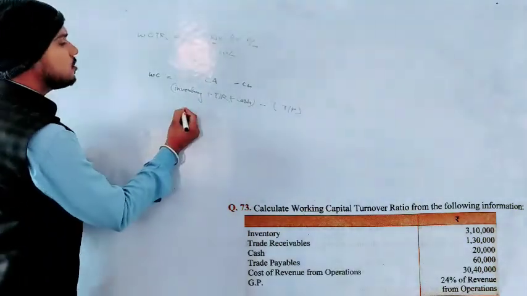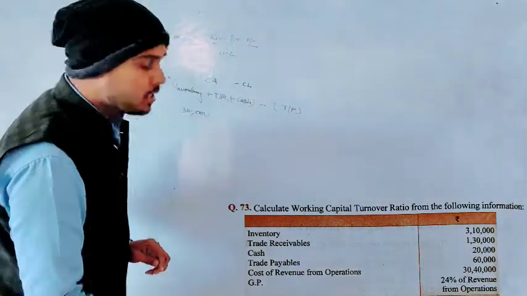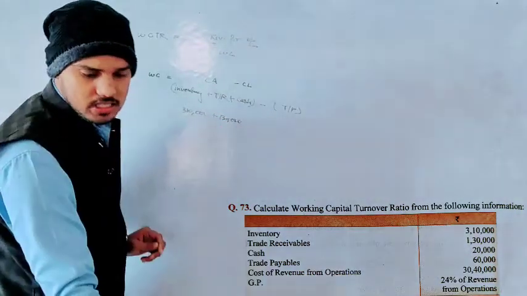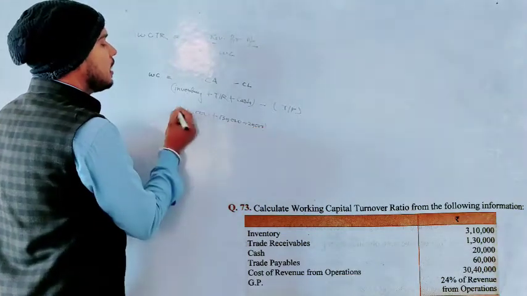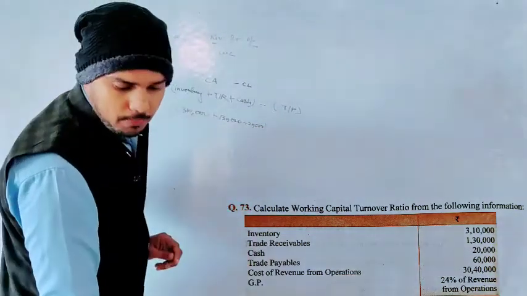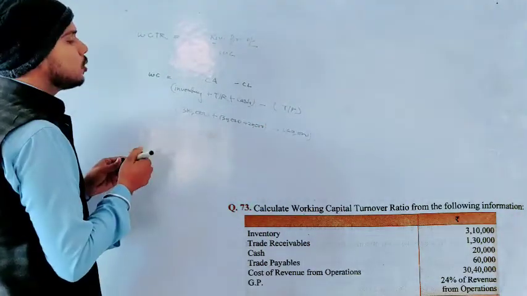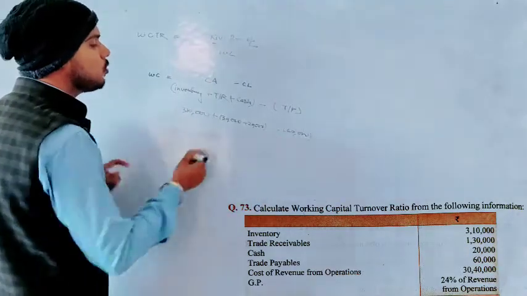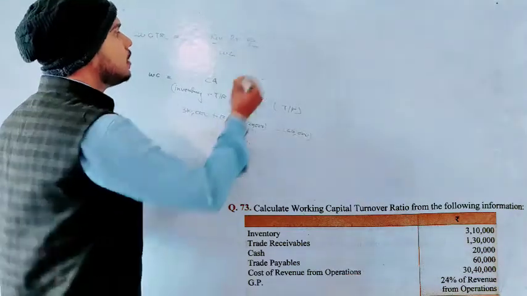Inventory is given as 3,10,000. Then trade receivable is given as 1,30,000, and cash balance is given as 20,000, right? And then trade payable is given as 60,000 rupees. So in total this will be 460, and if we deduct 60,000 from 460, we'll get a working capital of 4 lakh rupees.